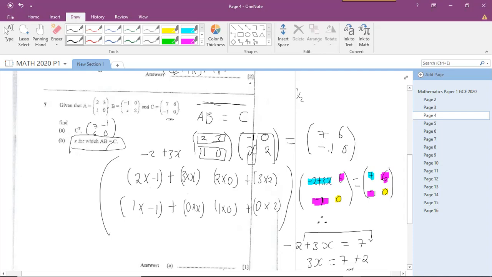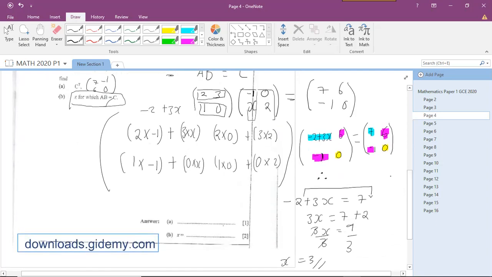I did say that when you're multiplying matrices, this entire row is going to multiply by this entire column there. So that's what we did. And again, this entire row will multiply with this entire column.